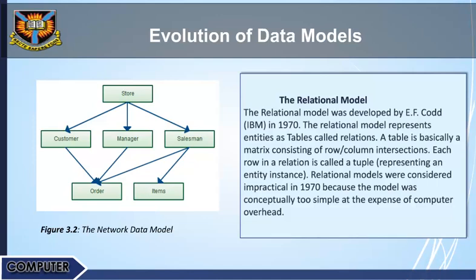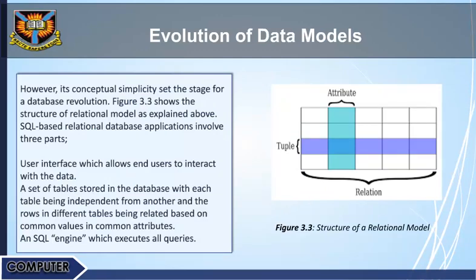Relational models were considered impractical in 1970 because the model was conceptually too simple at the expense of computer overhead. However, its conceptual simplicity set the stage for a database revolution. Figure 3.3 shows the structure of relational model as explained above.